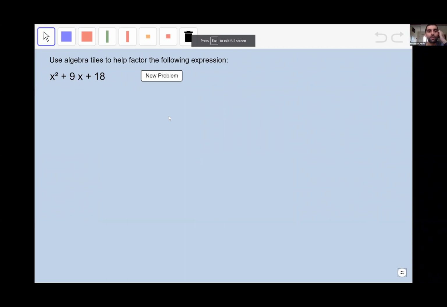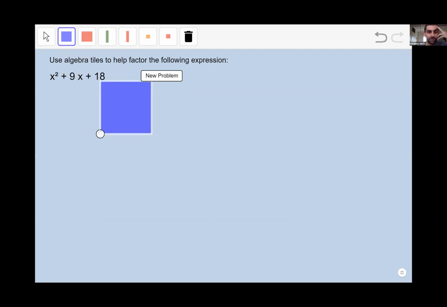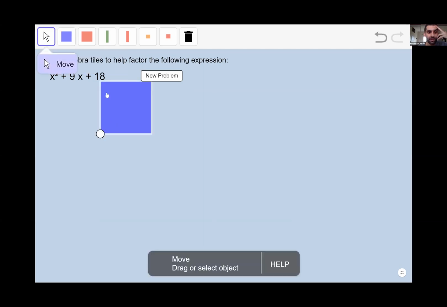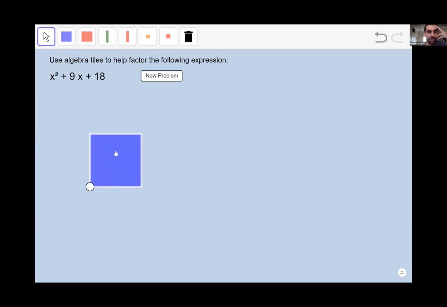I don't know if you've ever seen this. It's probably new to a lot of you. It's a visual way to think about algebra. So this tile here, I'm going to add it over here, and I'll move it down a little bit. That's my x squared tile.